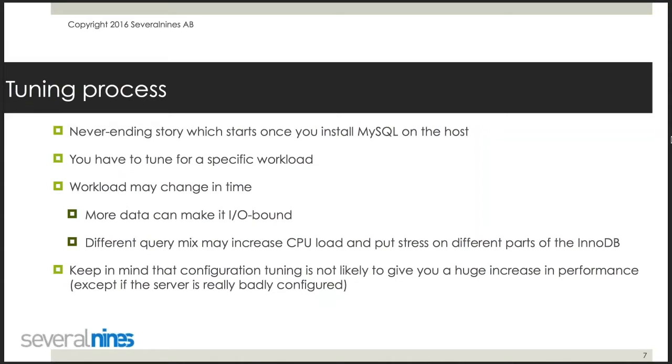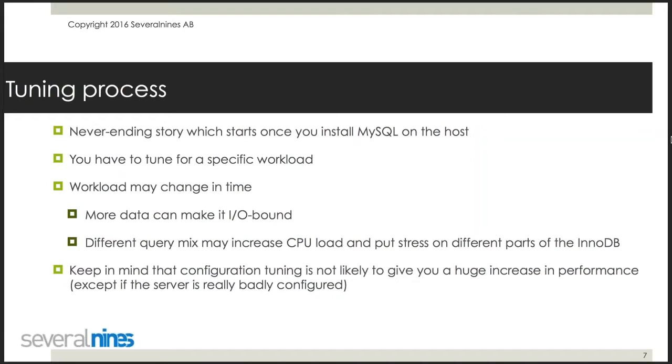So let's say that maybe you start with some small data set. Everything fits in memory, so you are basically CPU bound. So you tune for the CPU bound type of workload. You're looking to remove some contentions in InnoDB, maybe add some buffer pool instances, whatever. And then with time, the amount of data grows.